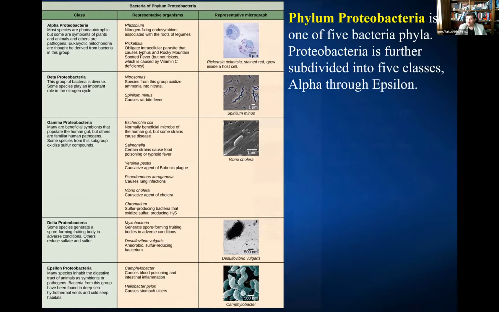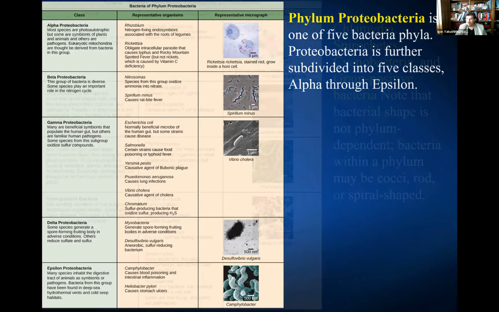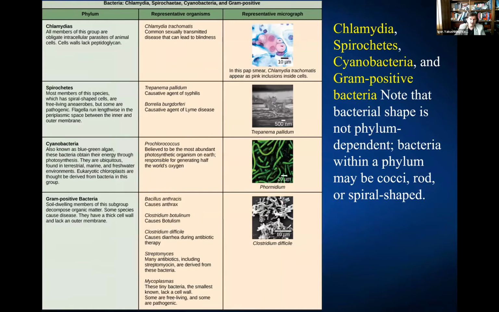Next group of bacteria, next file: sexually transmitted diseases, spirochetes. We talked about the spirochetes, specifically Treponema. You've seen it in the lab, but looking at the microphotograph, you can clearly see that it is a spirochete. Cyanobacteria, we discussed those ones.